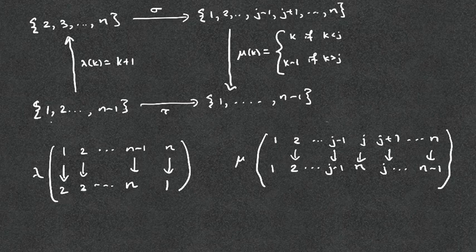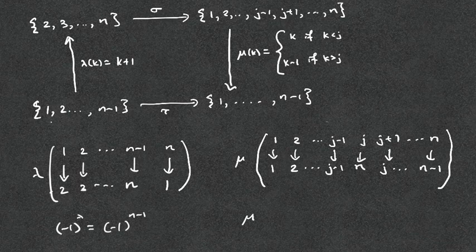And so now let's look at what the signs are for each one of these. For lambda, we still have our same basic ordering, except 1 is on top. We need to shift 1 a total of n minus 1 spots, so n minus 1 transpositions, to get it back down to the bottom. And so minus 1 to the lambda ends up being just minus 1 to the n minus 1.